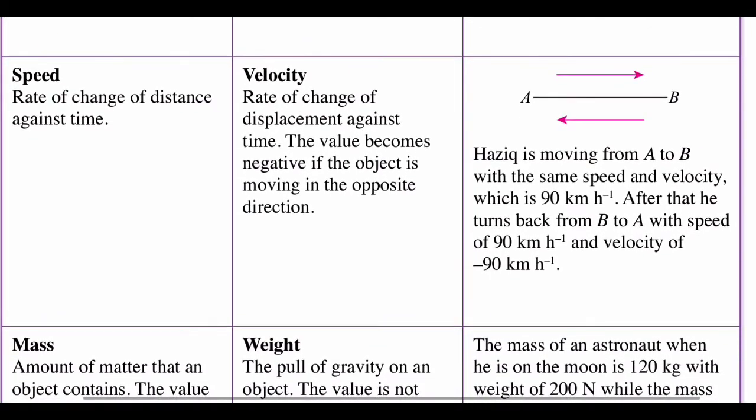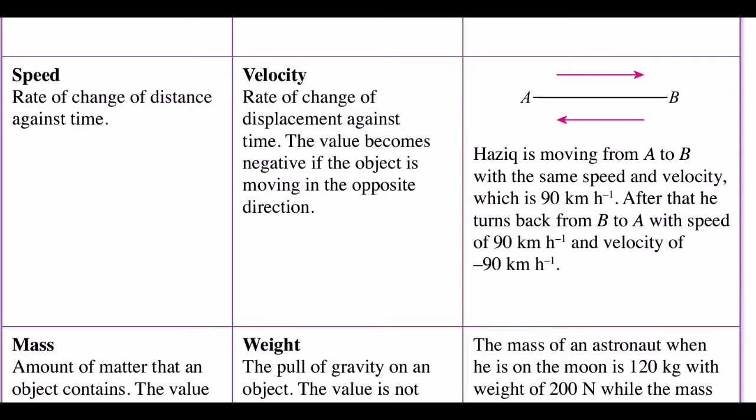For speed, it is the rate of change of distance against time. For velocity, it is the rate of change of displacement against time. So the value becomes negative if the object is moving in the opposite direction.